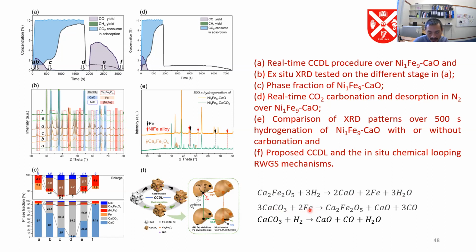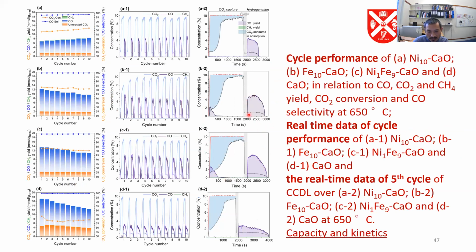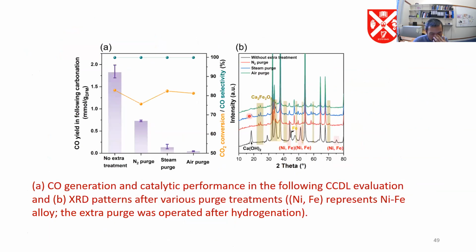So that is part of the iron chemical looping process, and it has relatively higher CO production and also fast reaction speed.